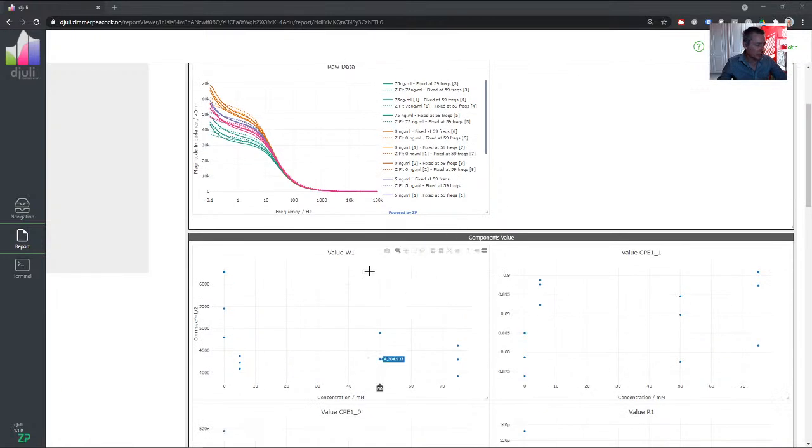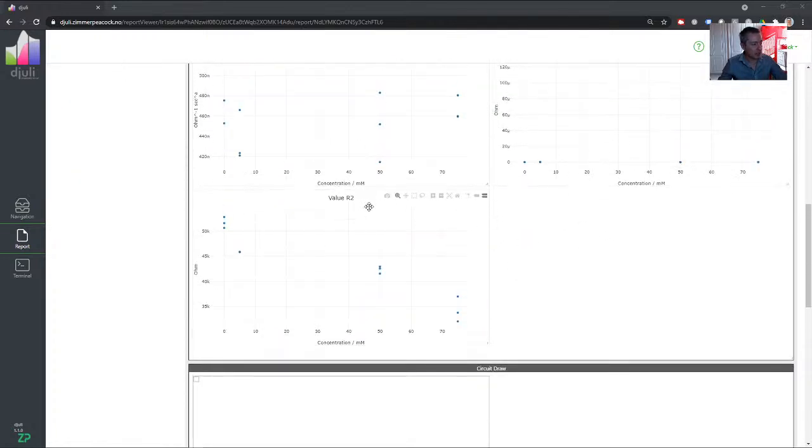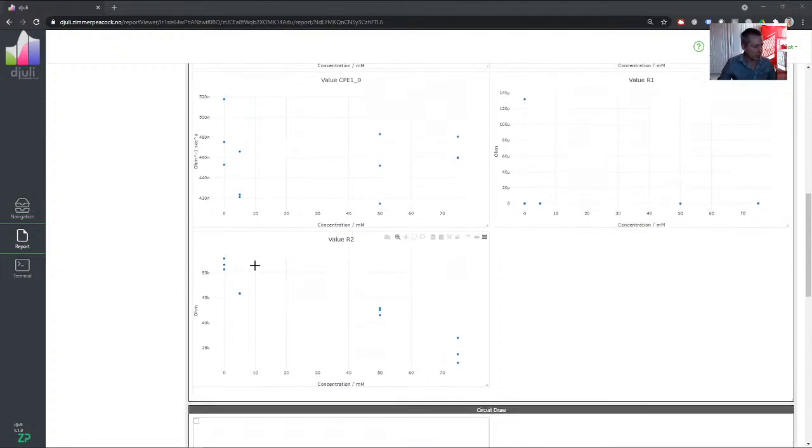So what it's done is it's given us all the elements: the Warburg, the constant phase element, the R2 value. Now the R2 value is also known as the charge transfer resistance. It's shown us our charge transfer resistance as a function of concentration.